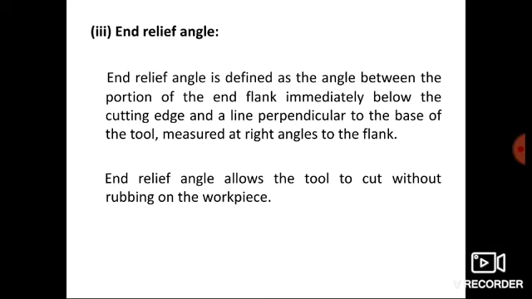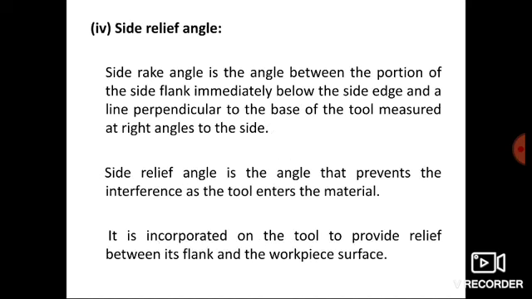End relief angle allows the tool to cut without rubbing on the workpiece. It is very important because the surface below the point may come in contact with the workpiece, so we have to provide some angle so that it provides some relief to the workpiece.